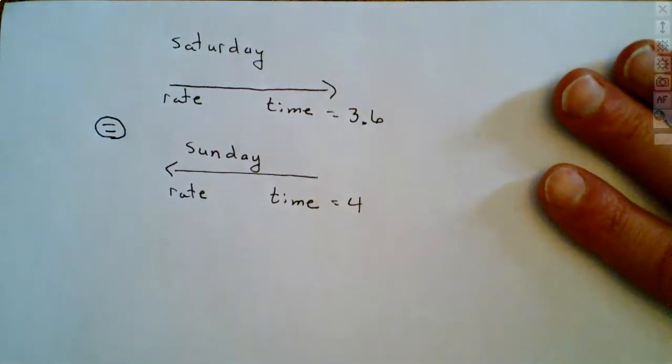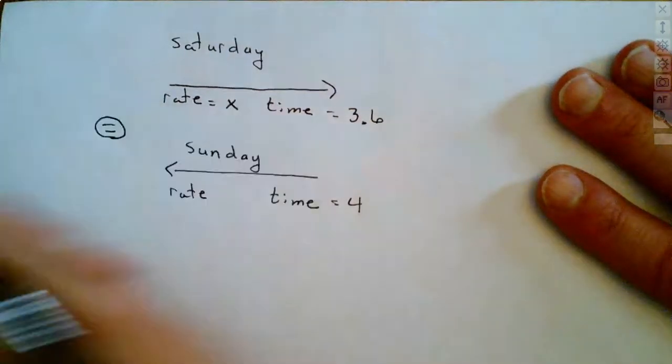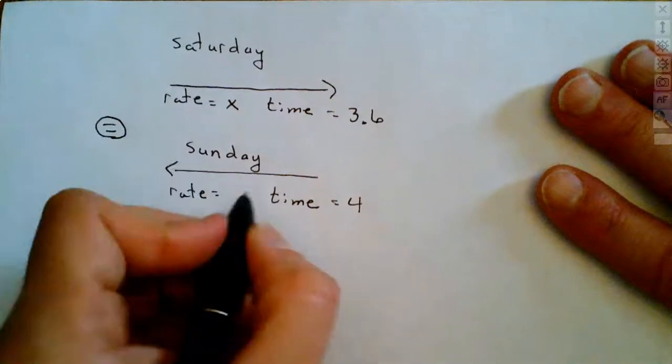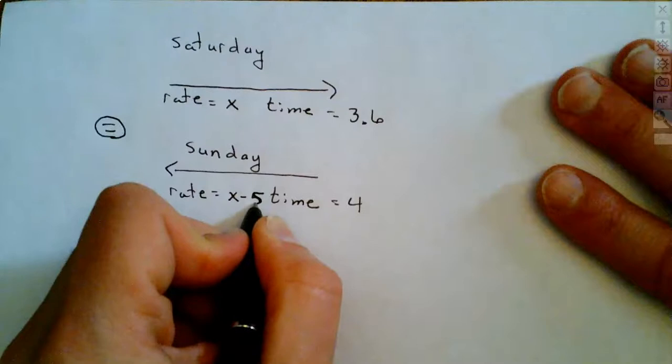Now, what about our rates of speed? Well, we don't know. But we do know on Sunday, her rate of speed was 5 miles an hour slower. So on Saturday, we don't know the speed, so we're going to call that x. On Sunday, we don't know the speed, but it's slower, so that's going to be x minus 5, because it's 5 miles an hour slower.